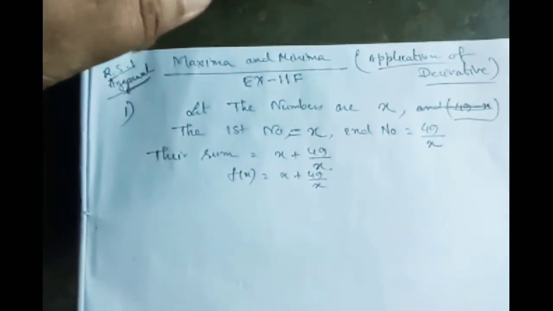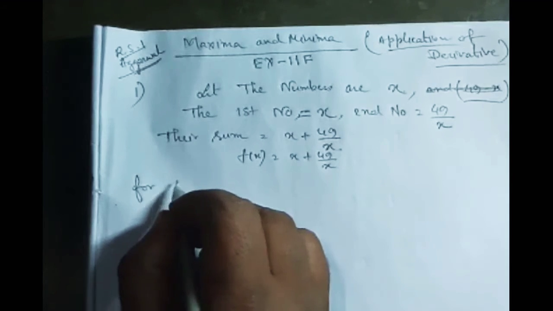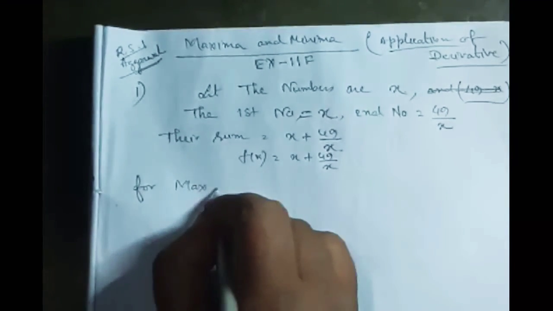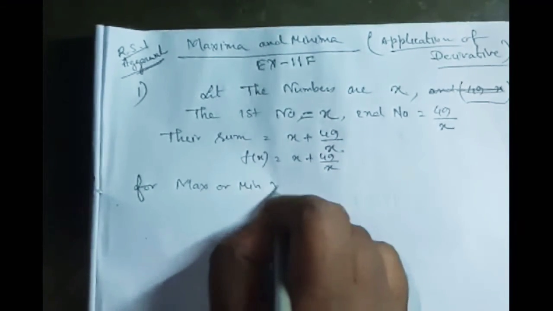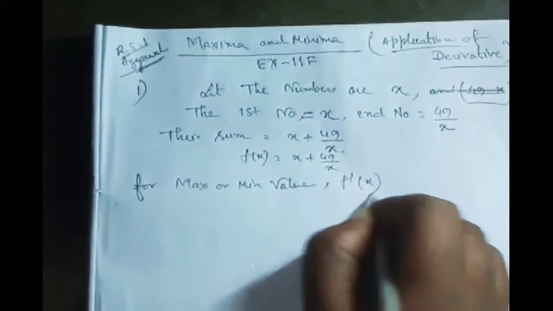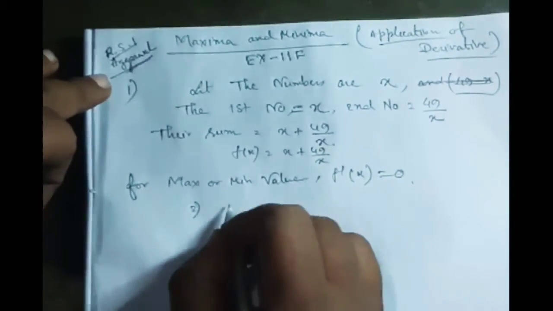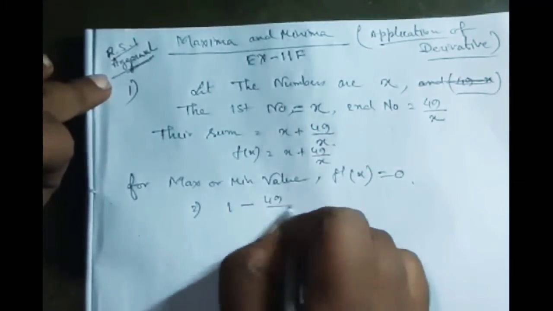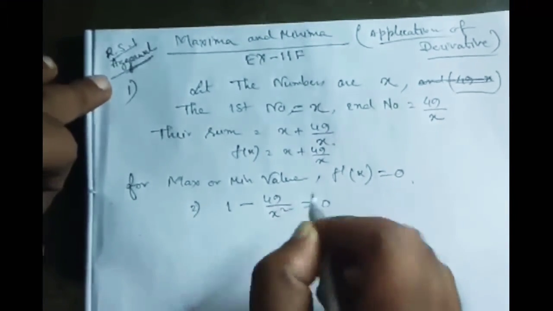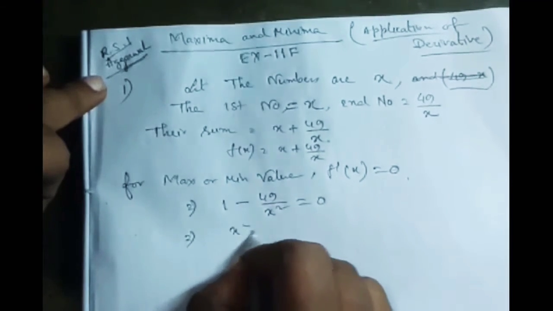Now for maximum or minimum value, f dash x equal to 0. So that implies 1 minus 49 by x square equal to 0. That implies x square equal to 49.